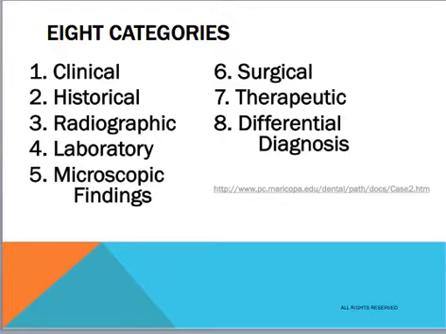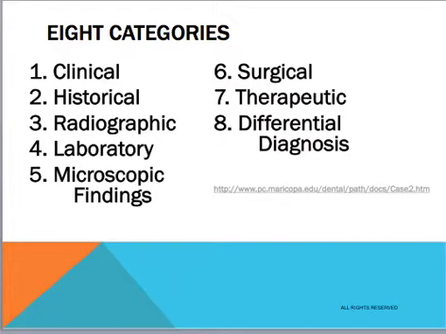To begin our preliminary exploration of oral diagnosis, we're going to examine the 8 categories of oral diagnosis, as listed in your textbook, Oral Pathology for the Dental Hygienist, by Olga Ibsen and Joan Anderson Phelan. The 8 categories include the following: clinical, historical, radiographic, laboratory, microscopic, surgical, and therapeutic.